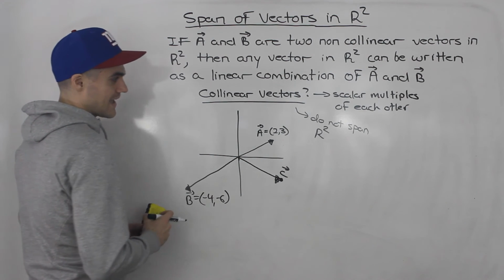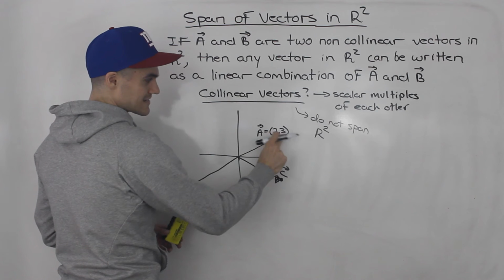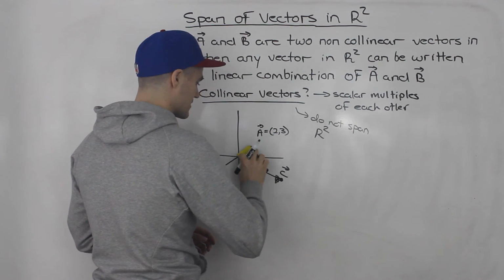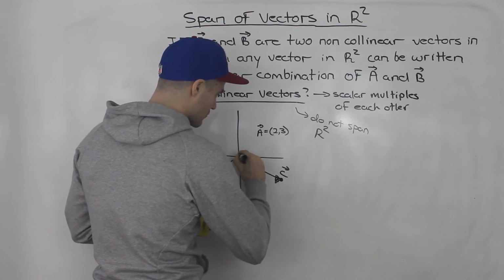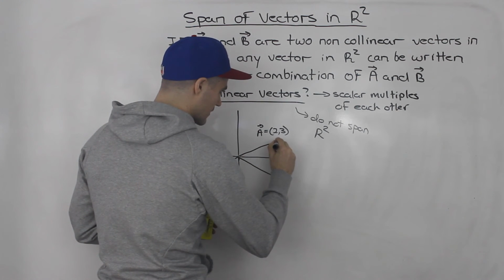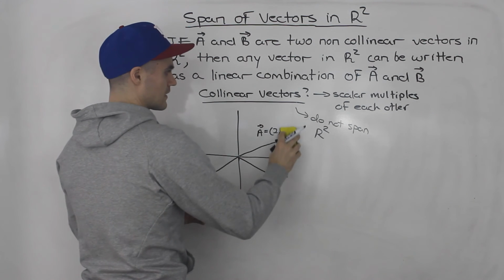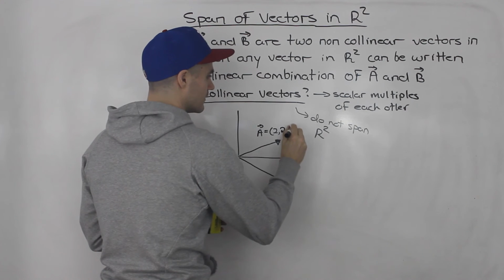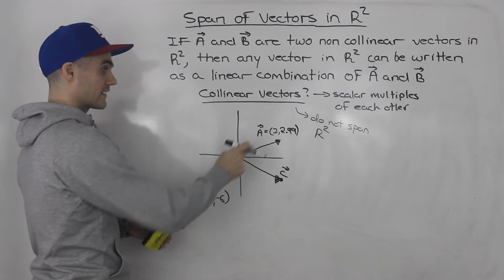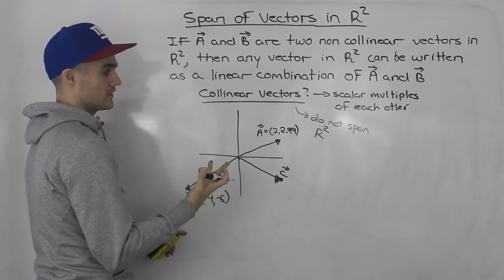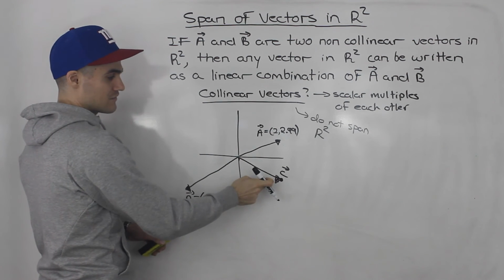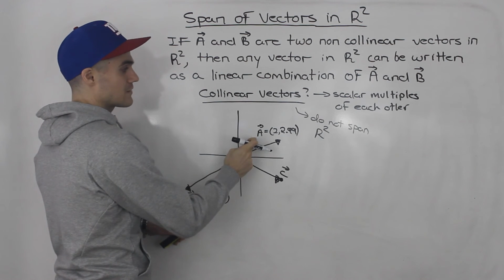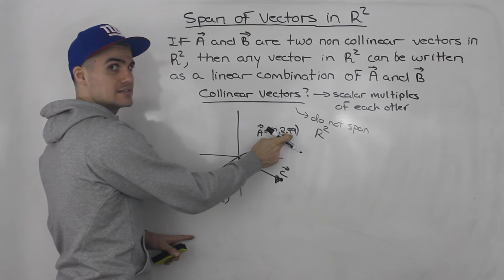Now, what if instead of having vector A as 2 and 3, what if we slightly slanted vector A? So instead of 2 and 3, let's say it was 2 and 2.99. Well, now vectors A and B are not collinear. And we can now take vector C and write it as a linear combination of A and B, just from that one slight difference.